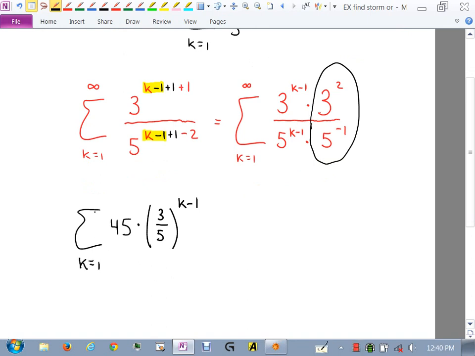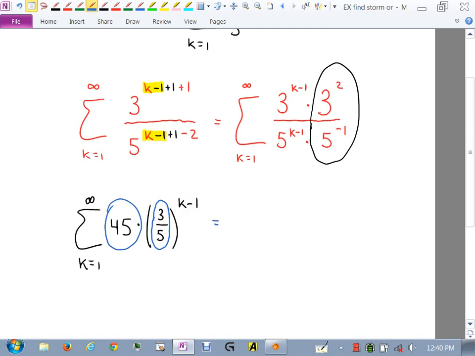Are we geometric now? We have sum k equals 1 to infinity. We have an a. We've identified a to be what? 45. We've identified r to be 3/5. Is that smaller than 1? Yes. I have k minus 1 up here. It matches the formula perfectly.